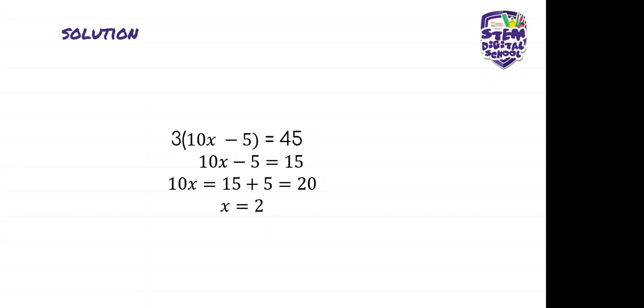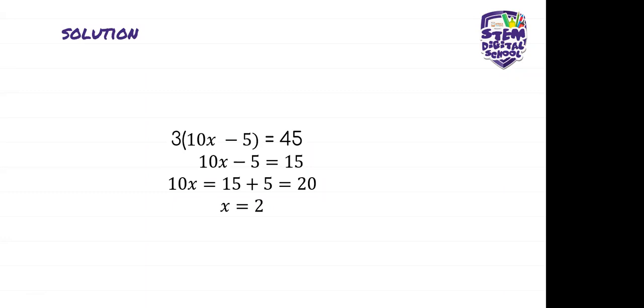And I hope that there is no confusion. By the way, you can still solve it by inspection, by looking at the numbers. If you look at your binomial inside here, 10x minus 5, if you multiply this by 3, you just have to ask yourself what number can be multiplied by 3 in order to get 45. So you know that 15 is the number.